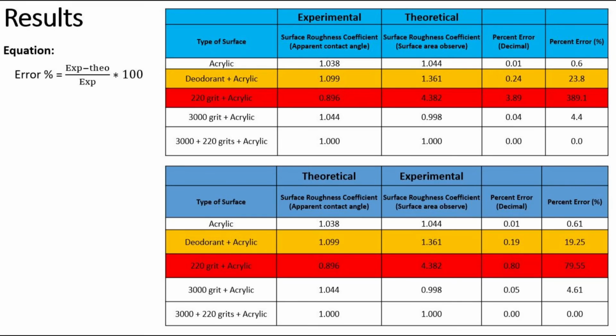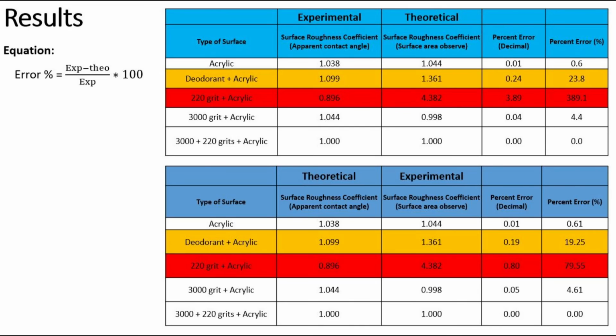Looking at the data and my percent error, I did see that the 220 grit and acrylic material had a larger percent error, so there could have been some flaws that I haven't taken into account, or the Wenzel model wasn't really applicable to this approach. I also looked at the deodorants and acrylic material, and it still had a high percent error, but not as high as the 220 grits.